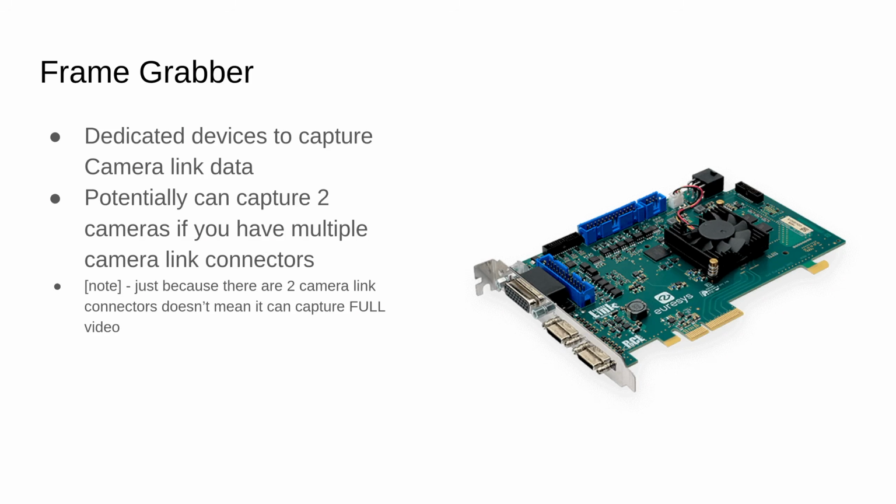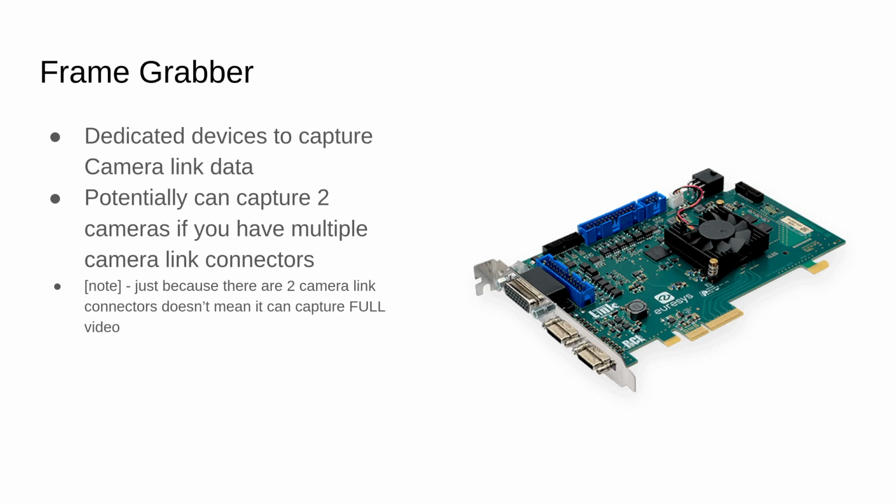Your frame grabber is the device you connect to your PC to grab the frames from your camera and use on your computer. They're almost all PCI cards you slot in. They'll have 1 to 2 Camera Link connectors. Even if it has 2 connectors, make sure it supports Full or 80-bit mode if you need it.